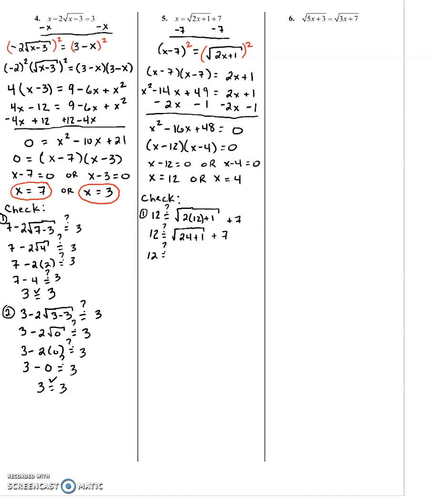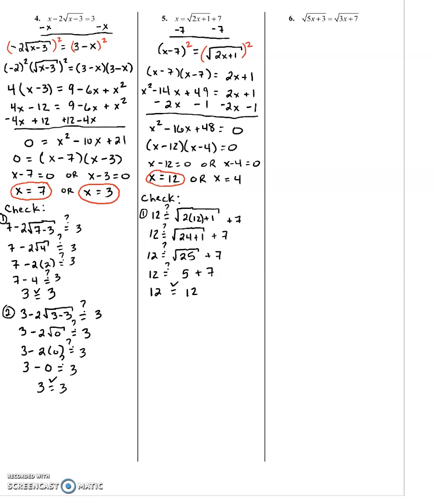Does 12 equal the square root of 25 plus 7? Well, the square root of 25 is 5, and 5 plus 7 is 12. So that one checks. So x equals 12 is a solution.